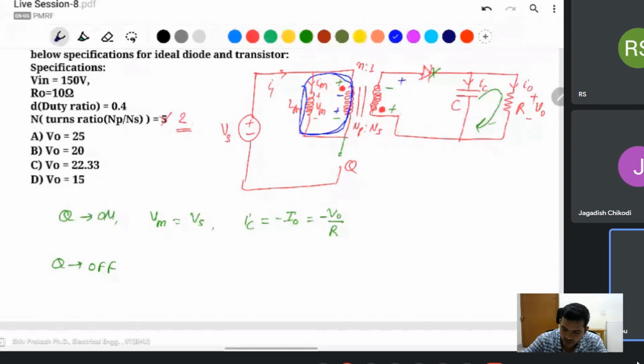The diode is forward biased, and then it is applied to the load like an inductor, charge and discharge time. In this condition, this diode is forward biased, and output voltage appears here, plus minus of V naught. Then here is the same as N V naught. Then Vm is minus of V naught, minus of N into V naught, referred to the primary side.